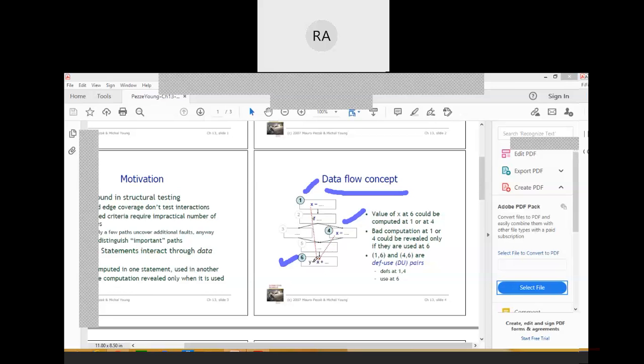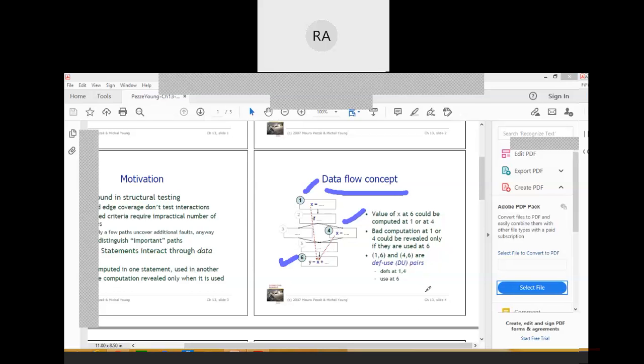And the pair, that is node 1 comma 6 and 4 comma 6, will form a definition use pair. In short, I call it a DU pair.